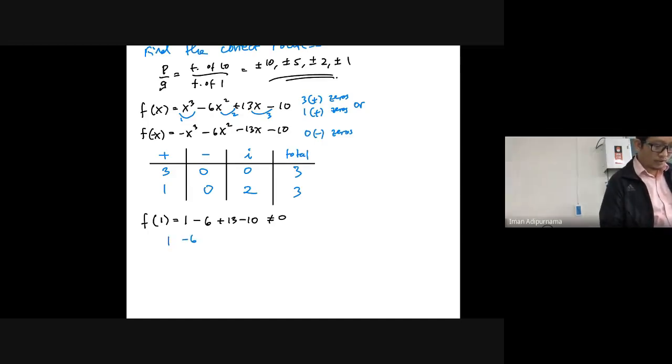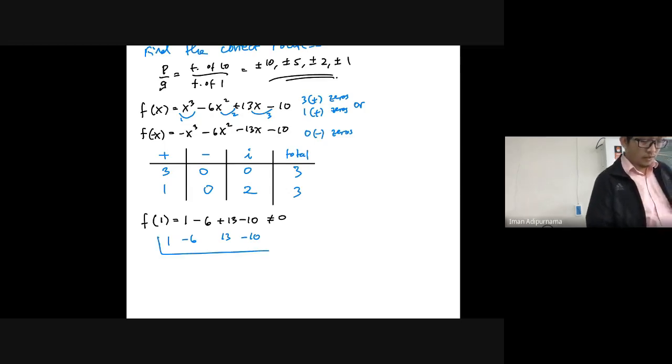And check 2, maybe just use synthetic division. So 1, negative 6, plus 13, negative 10, and divide by checking 2.